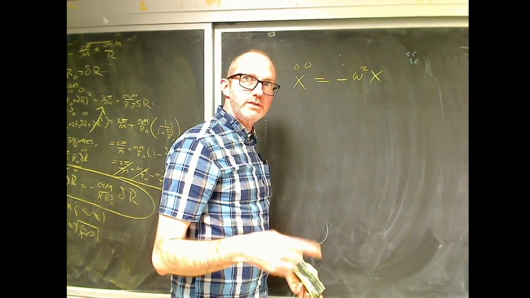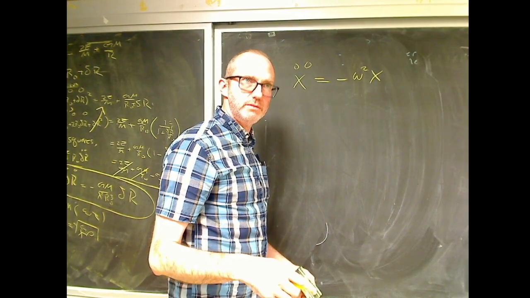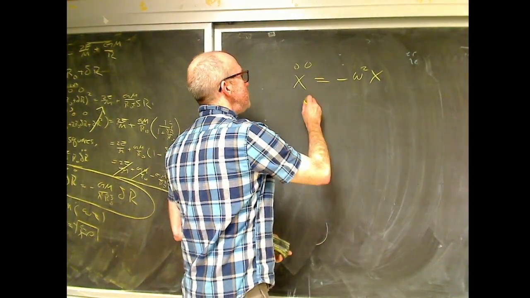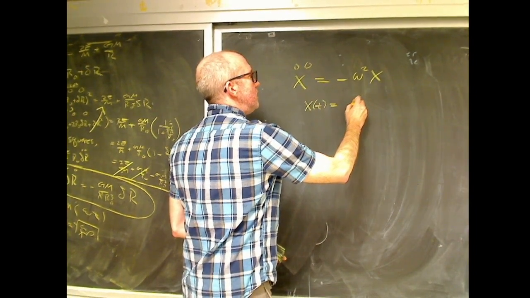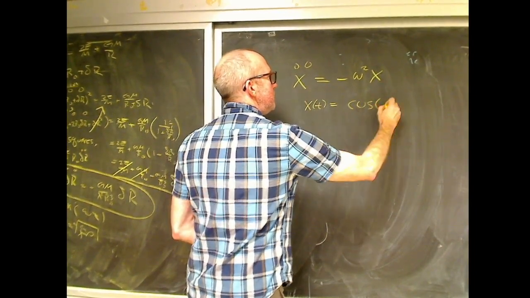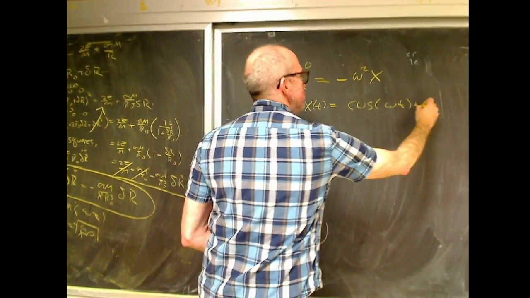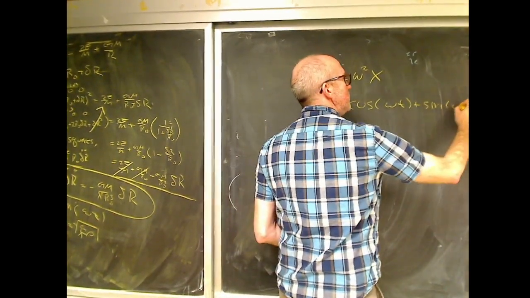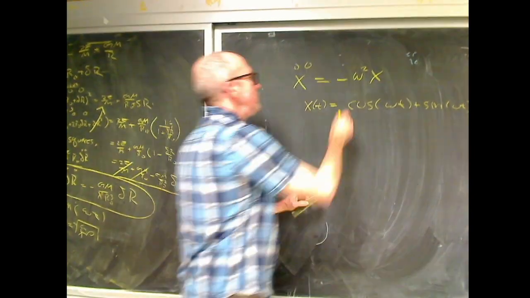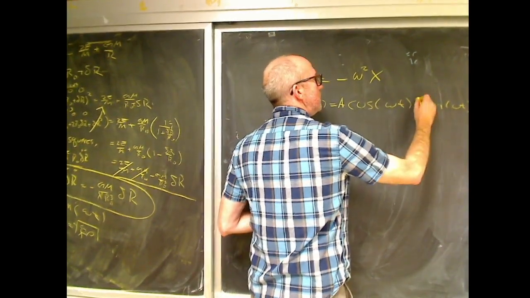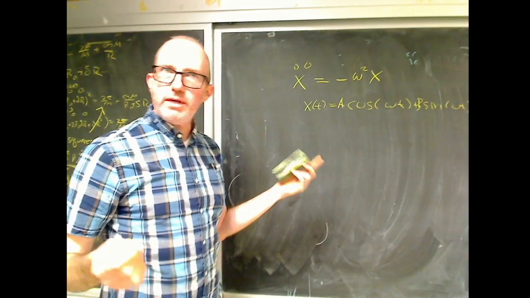It's either sine and cosine or an exponential. So I can write this as x of t equals a cosine omega t plus b sine omega t. And you need boundary conditions to sort out what a and b are.